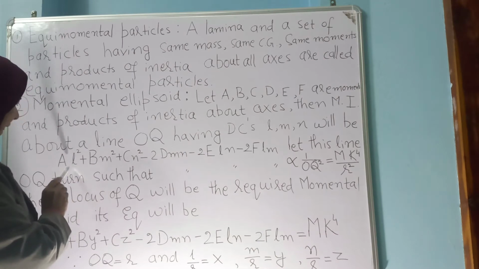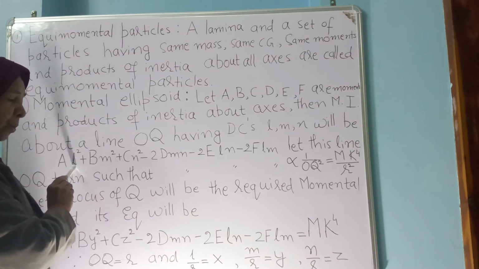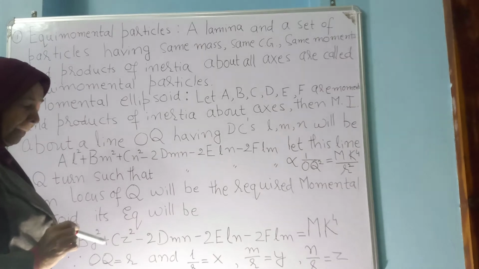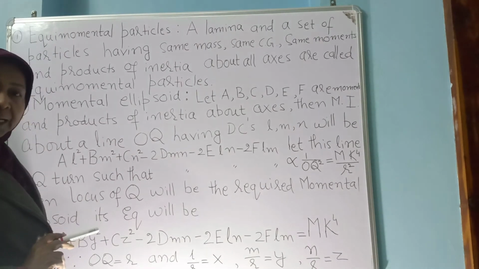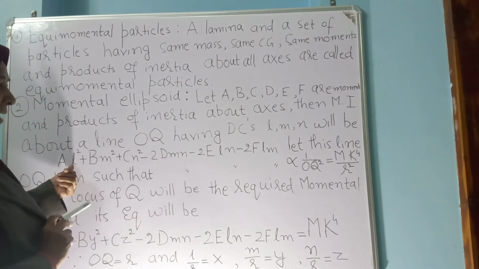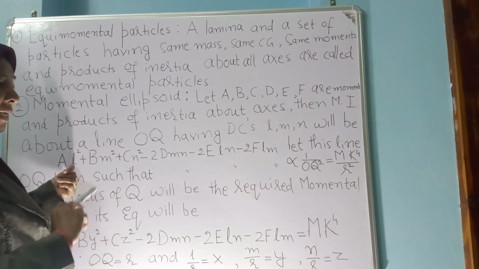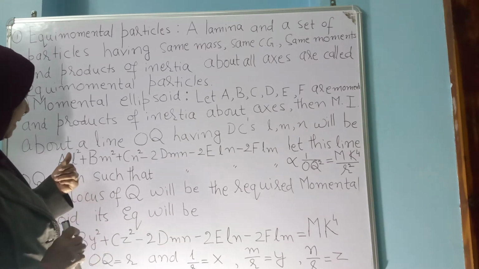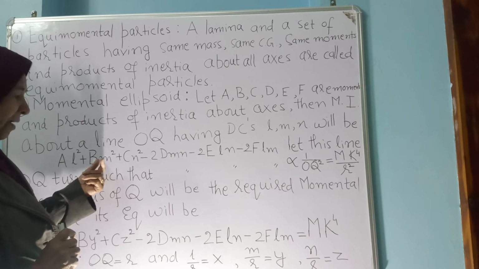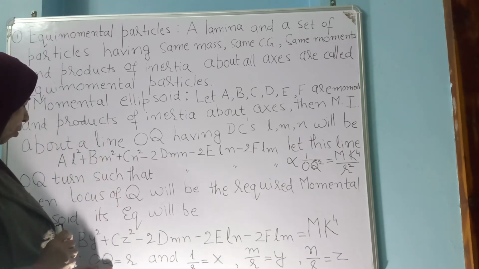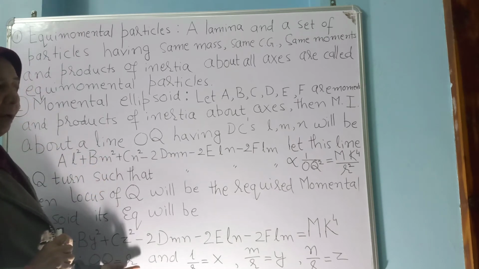So what will happen? l square r square, and we know that OQ is nothing but r.